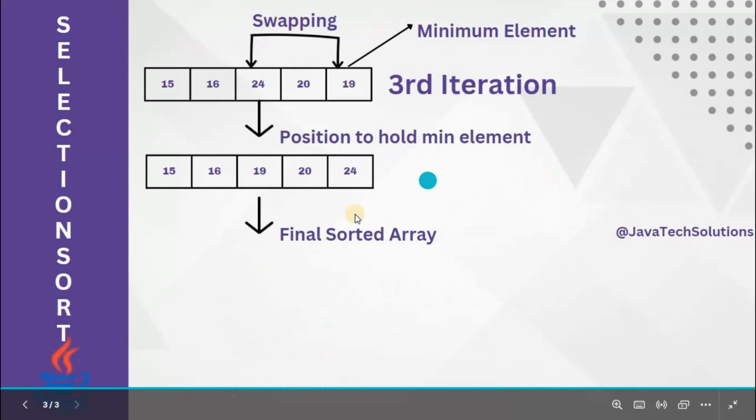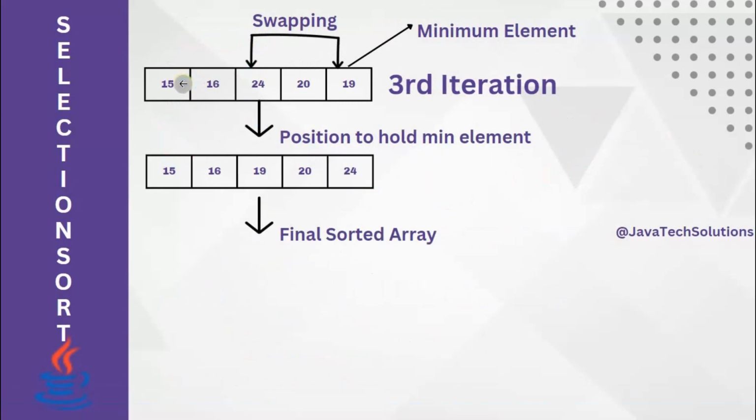In the third iteration, 15 and 16 are already sorted. Here we check the position to hold the next minimum element. 19 is the next minimum element, so we swap 24 and 19.